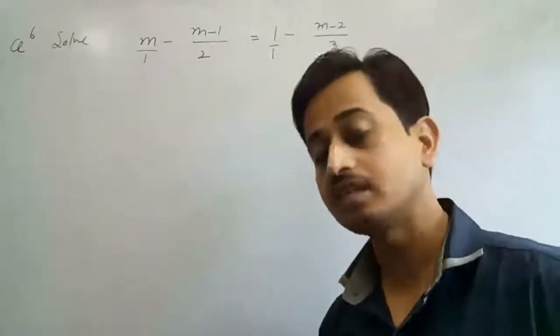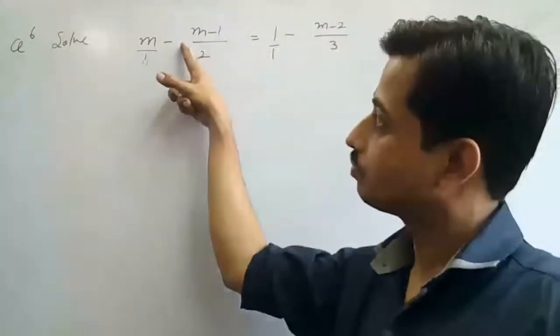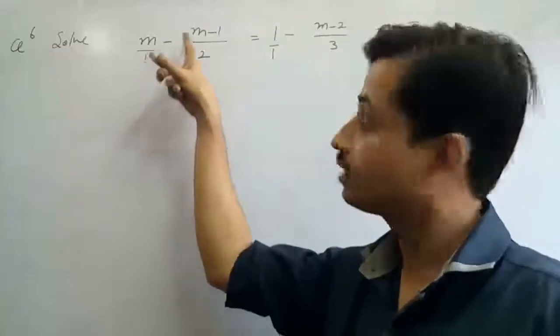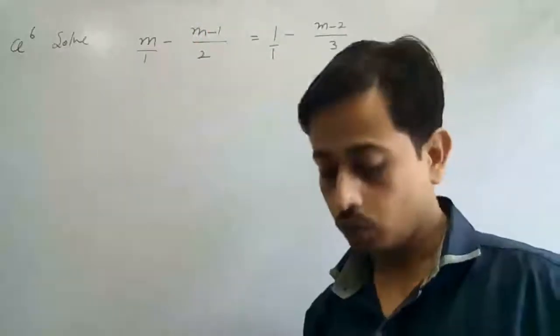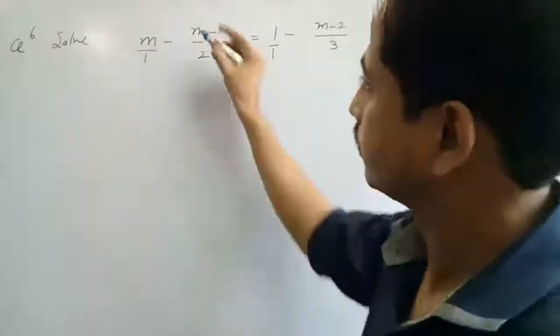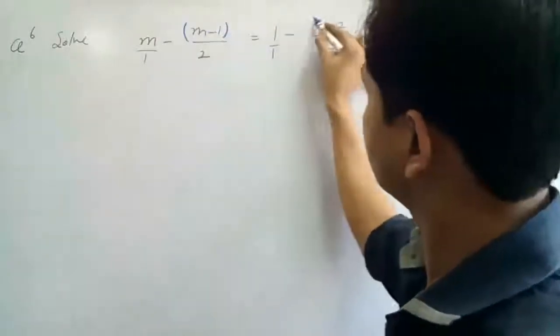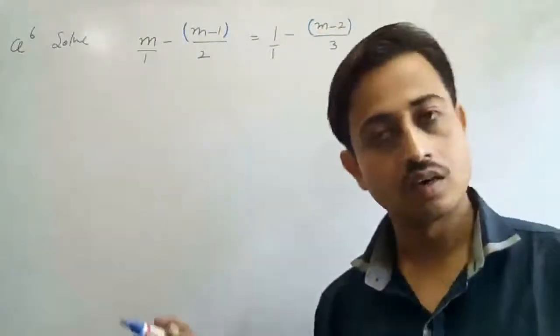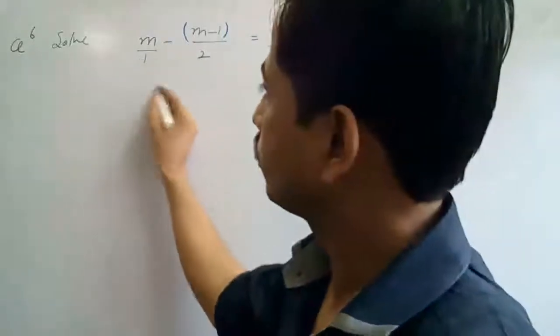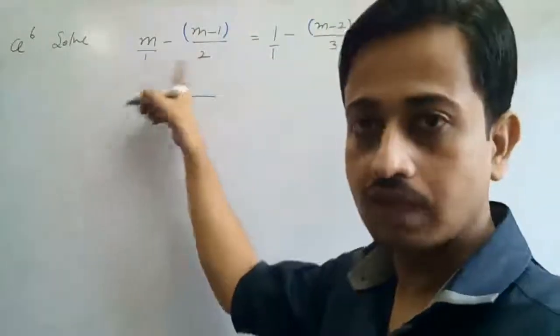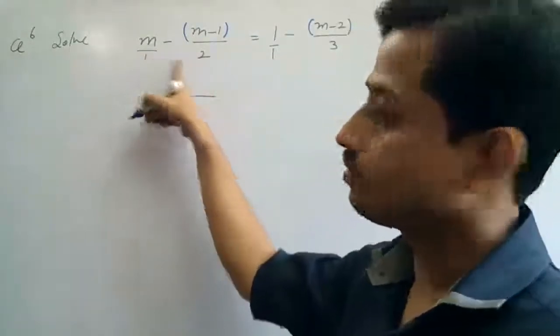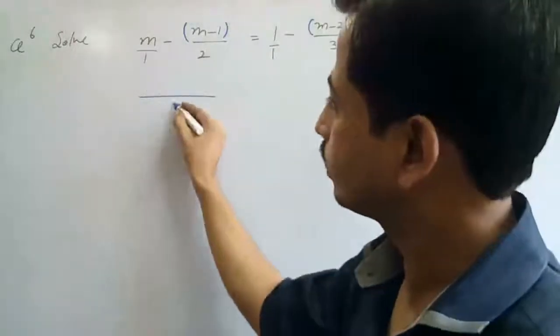Now look at the second step. Here the term has a negative sign before it. We have to write it in brackets. So I am writing brackets. Now it's very easy to solve. What we have to do? We have to do cross multiplication, multiplying with the denominator. 1 into 2 we get 2.